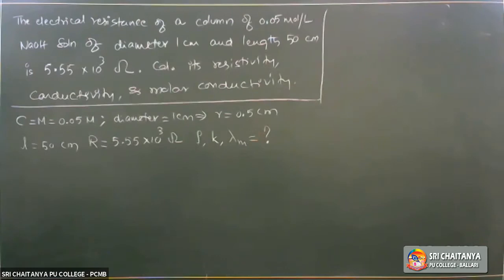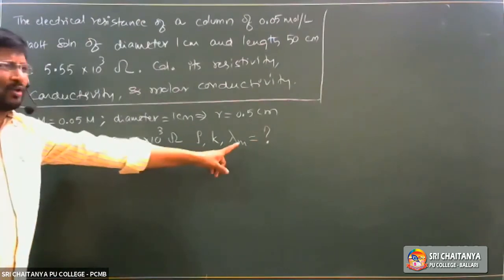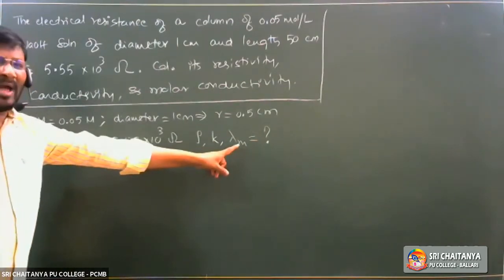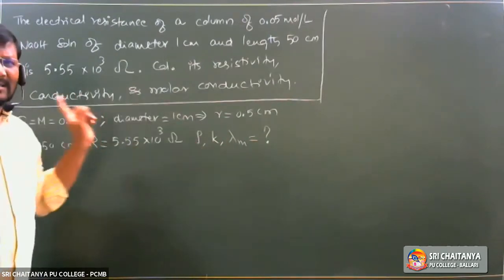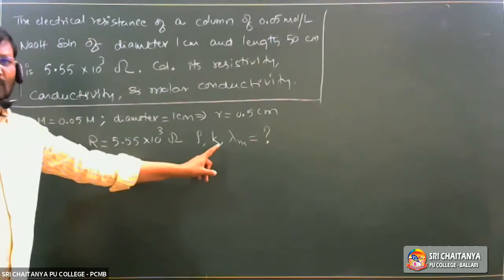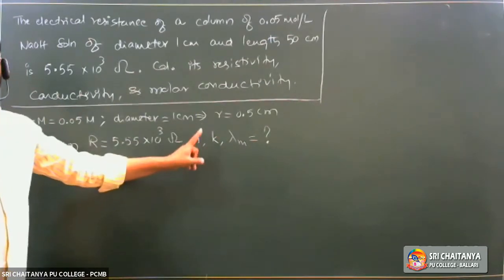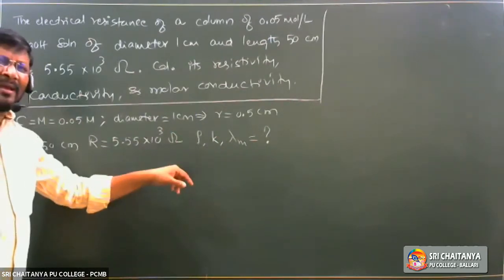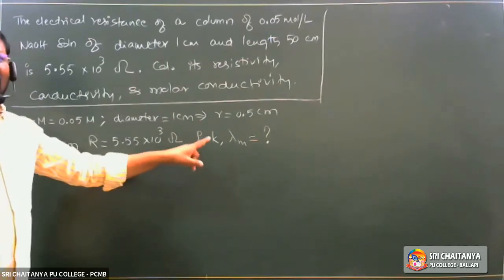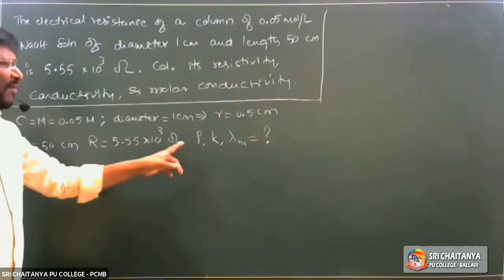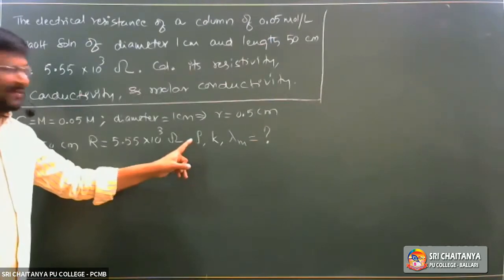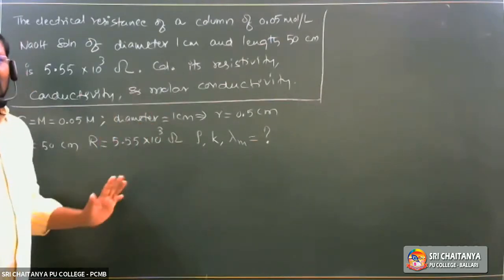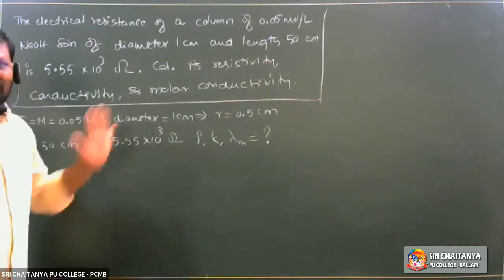If you want to calculate lambda m, what is the formula? K into 1000 divided by concentration. Concentration is known, but K is not known. Therefore, first you have to calculate K, which is the reciprocal of specific resistance.